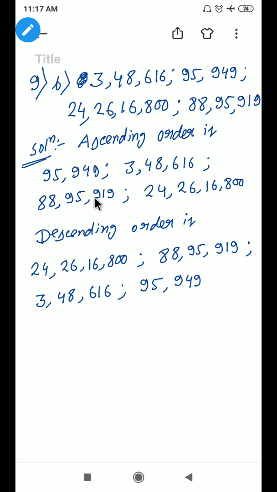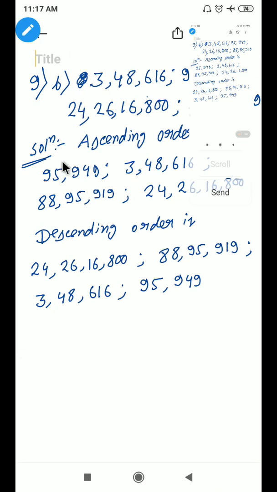So in this way you have to do the rest of the problems in question number 9. Firstly, you have to arrange them in ascending order, that means smaller to bigger. Then you have to arrange the numbers in descending order, that means bigger to smaller. Clear? Now go to the next problem.